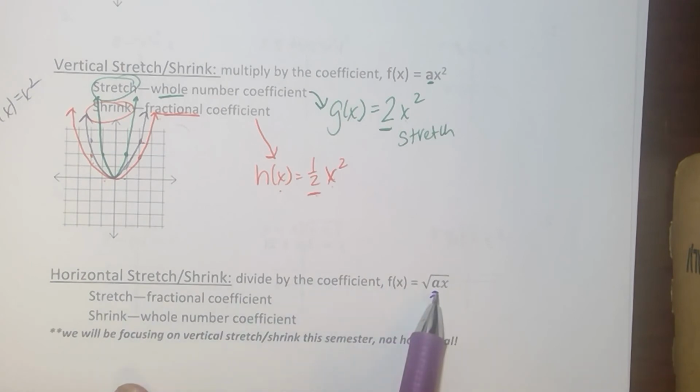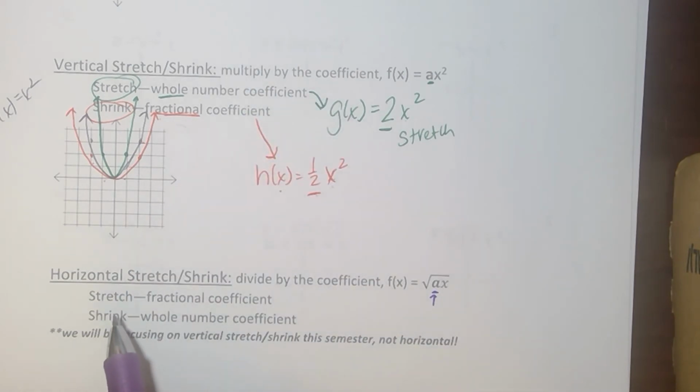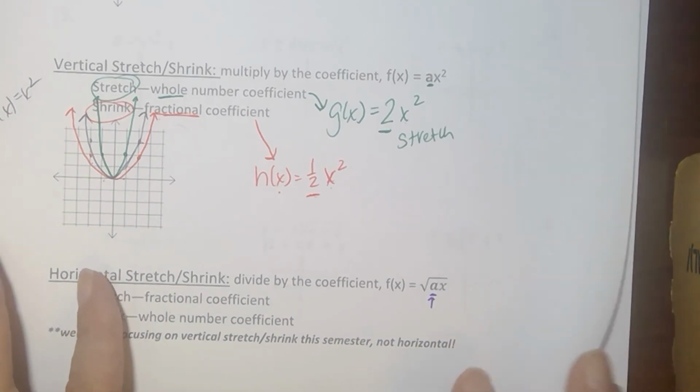If it's a horizontal stretch or shrink and it shows up here, then you're dividing by that coefficient instead of multiplying by that coefficient, which means it's going to be a stretch if that number is a fraction, and it will be a shrink if that number is a whole number. So it works the opposite direction of when we do vertical stretches and shrinks.